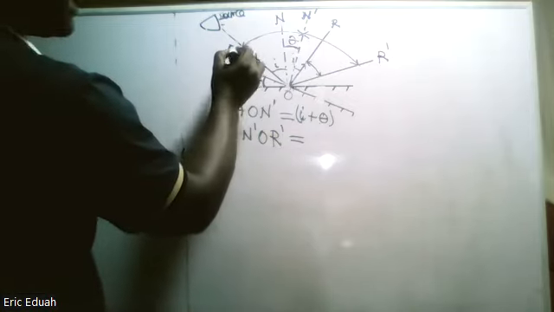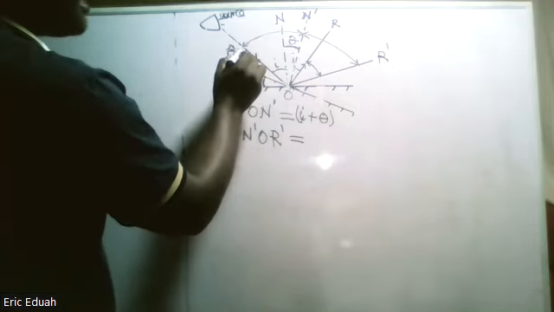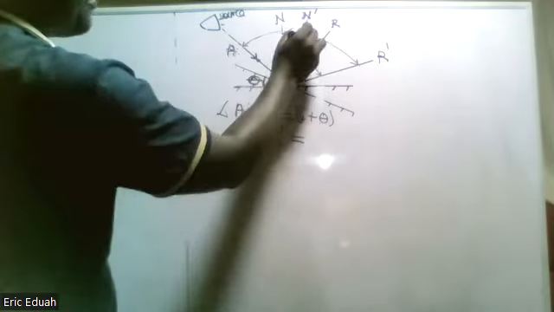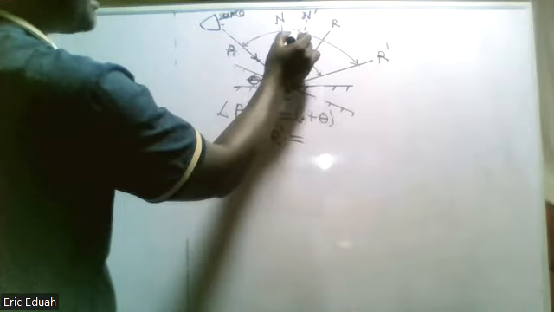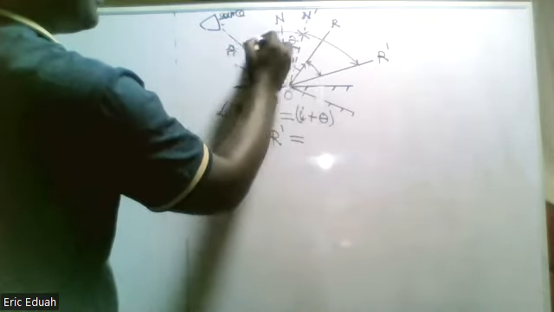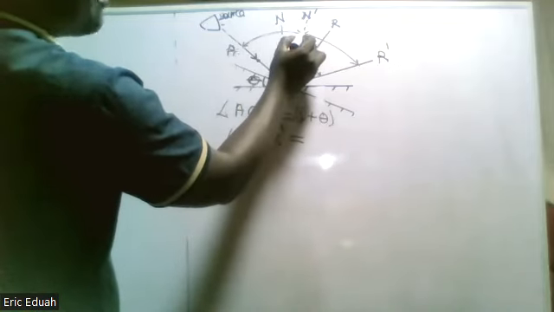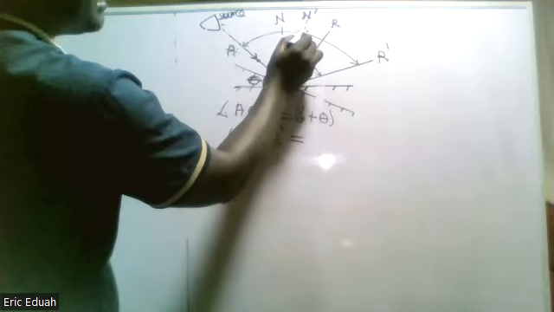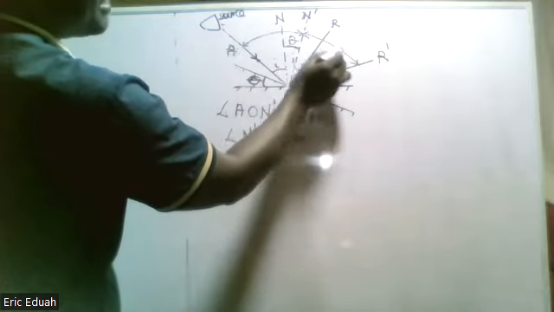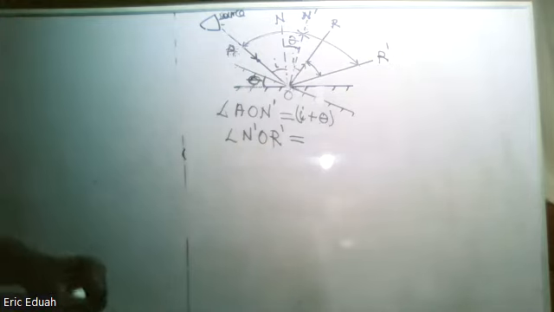Now look at it. This is the angle of I, this is AO N prime, and it is the angle of incidence to the new normal. Now, what is the angle between the new normal N prime and the new reflected ray R prime?